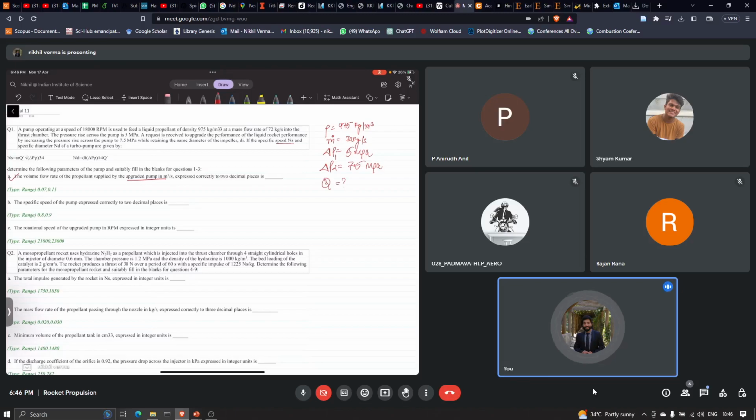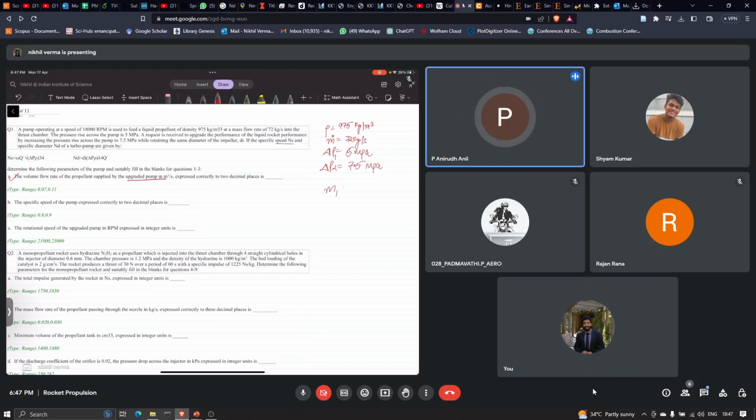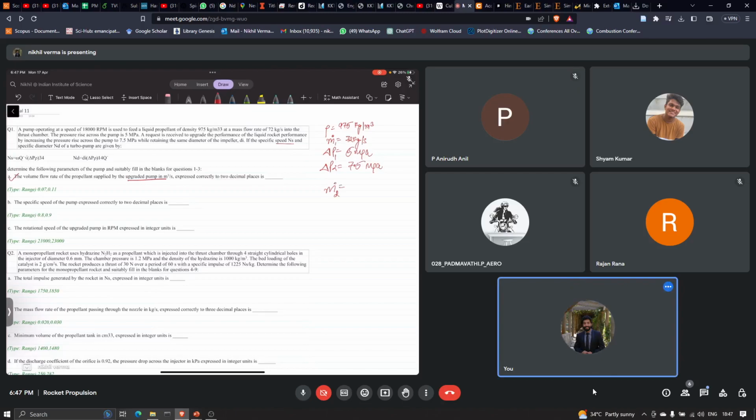Any idea how we'll do that? Equating the specific diameter. Can you try this problem yourself and see if you are getting the value in this range, and we'll try after this?